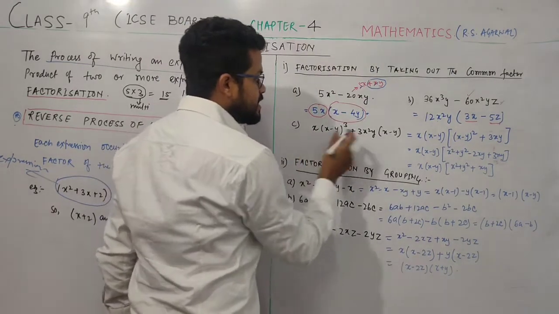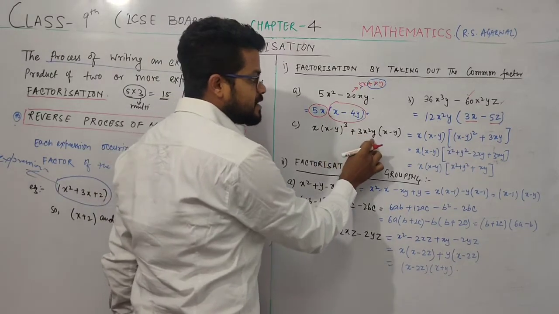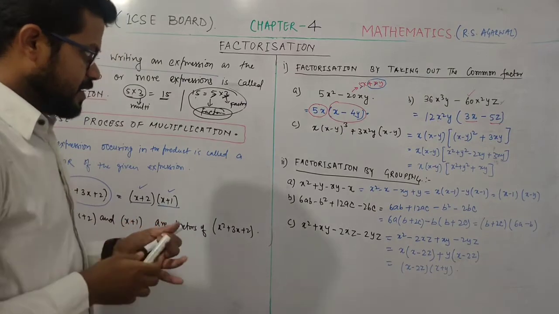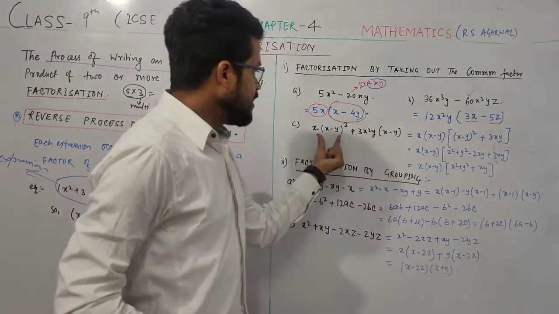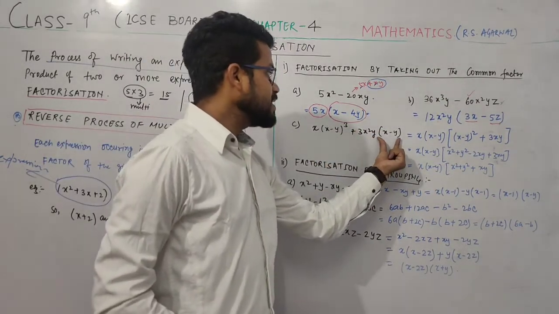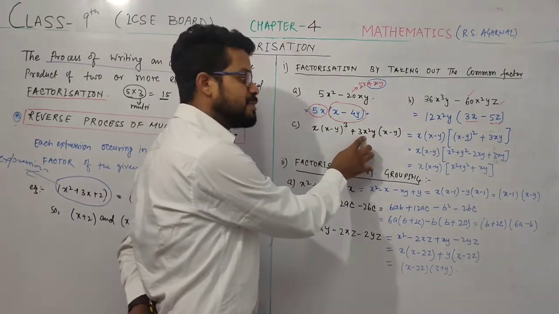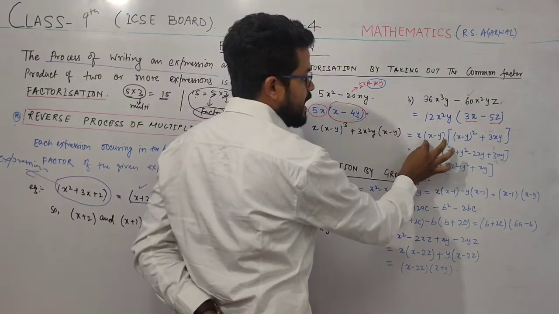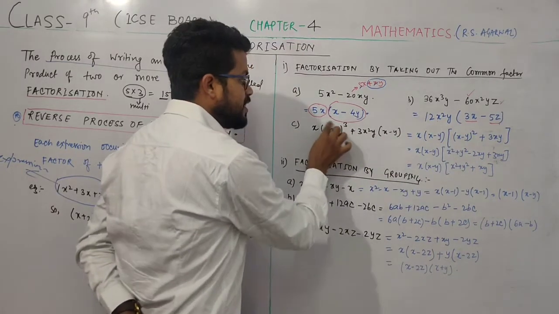Now the other example: (x minus y) whole cube plus 3x square y (x minus y). Look carefully at this expression. Here it is x minus y, here also x minus y. So the common factor I take is x minus y.